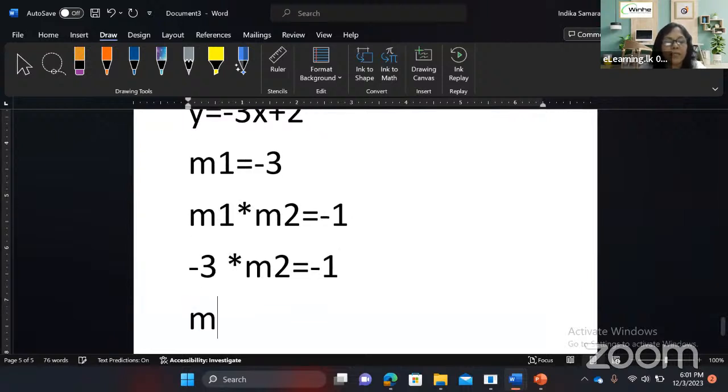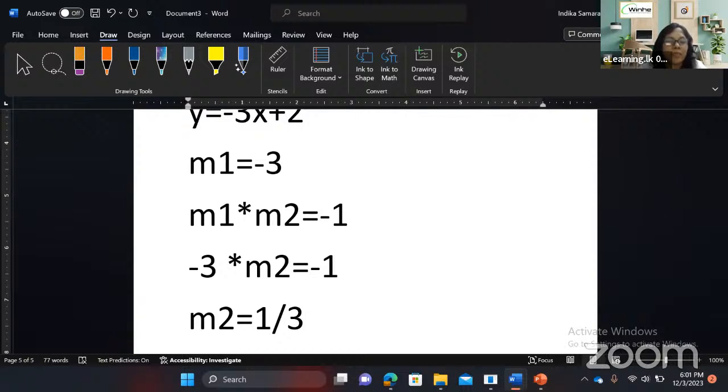Then what is m2? The gradient of the line perpendicular to the above one is 1 divided by 3. Right?